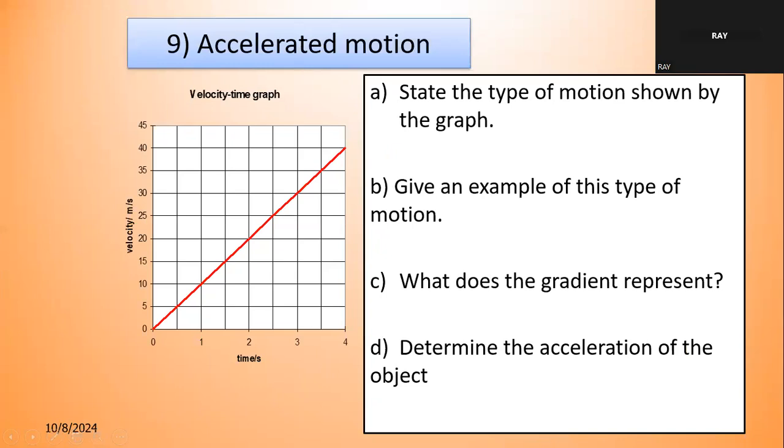Okay, say the type of motion given by the graph. Accelerating. You must be more precise. Uniform acceleration. Example, dropping a ball. What does the gradient represent?